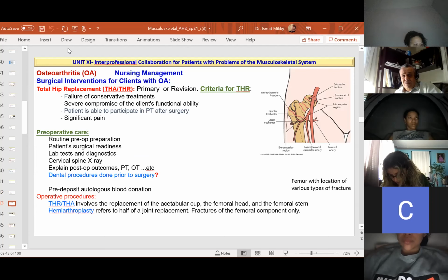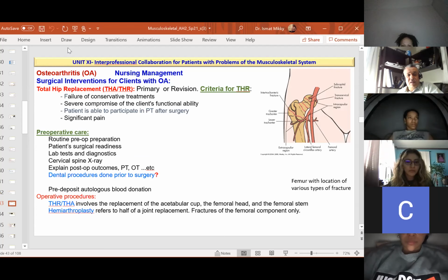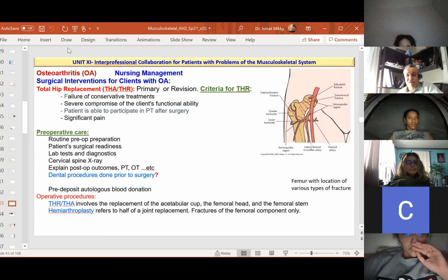So the total hip replacement can be either a first, like primary surgery to replace the joint, or a revision. And the criteria for the total hip replacement is when it's refractory to pain management and a failure of the conservative treatment.